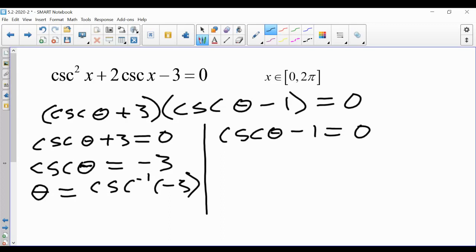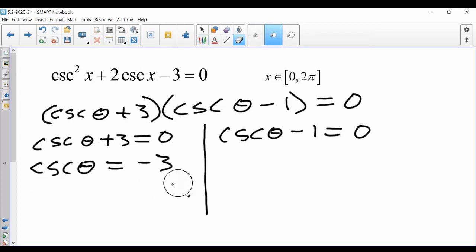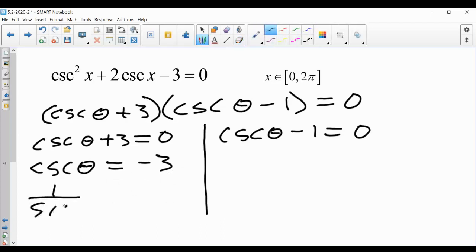Well done. So before I even go to this point, let's back this up a bit. Why don't we change this cosecant into what cosecant is, which is 1 over sine. And if I'm changing that to 1 over sine, this is still minus 3.